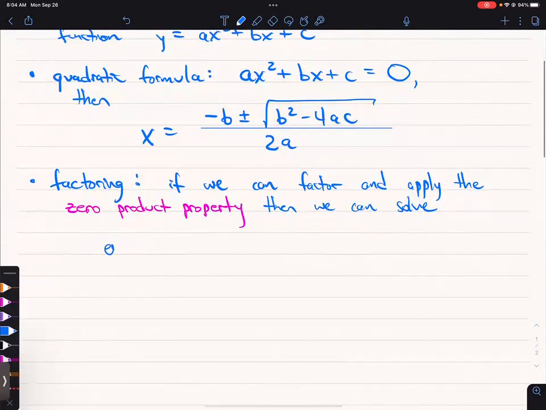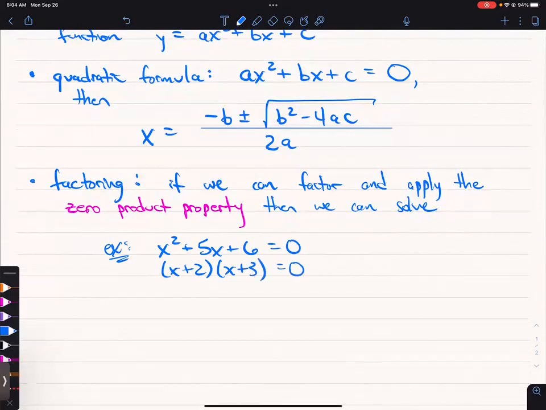So for example, I think the one we did on Friday was something like this. We figured out that factoring the left-hand side looks like that. Because this is equal to 0, we can apply that zero product property.